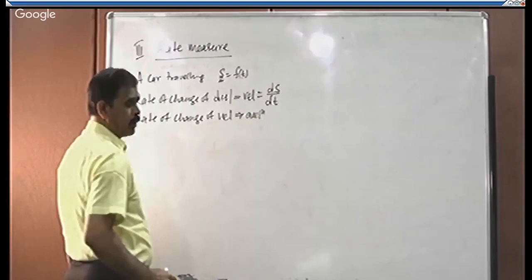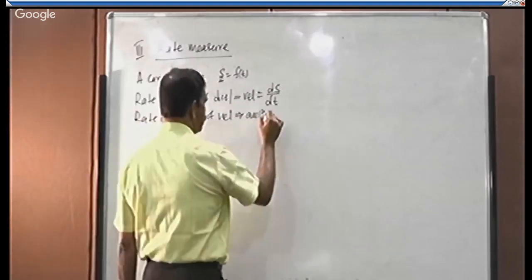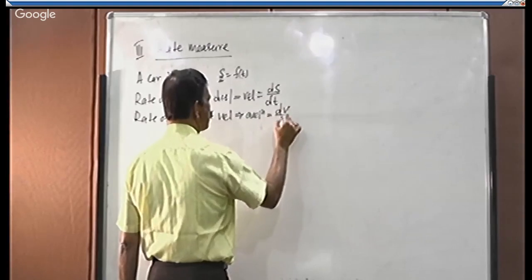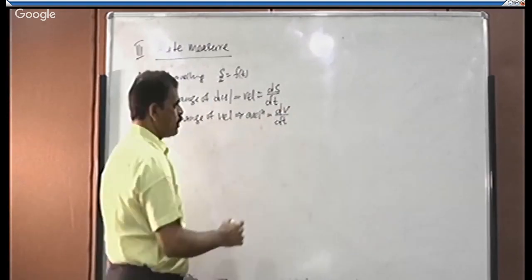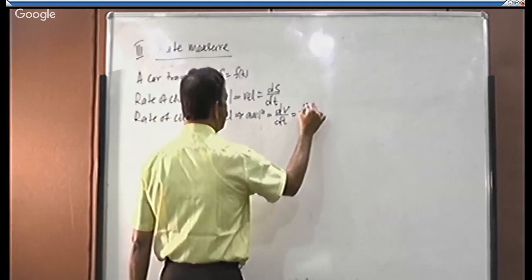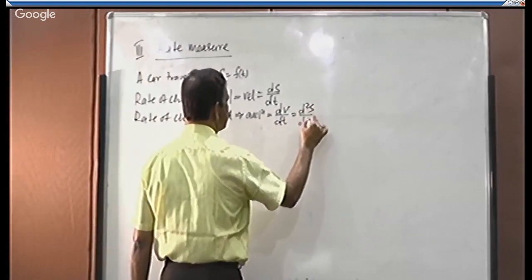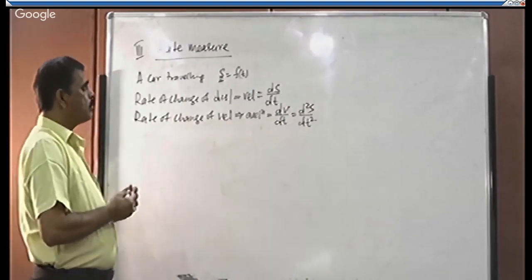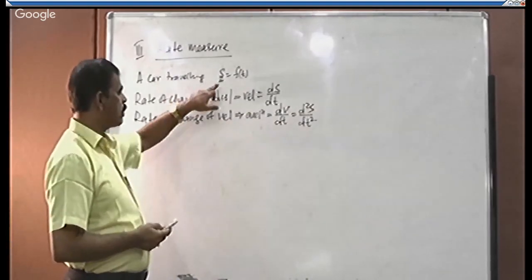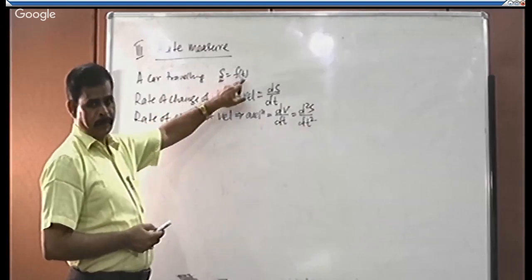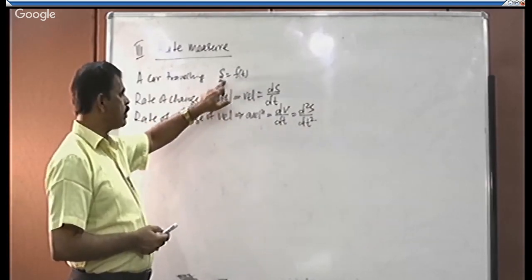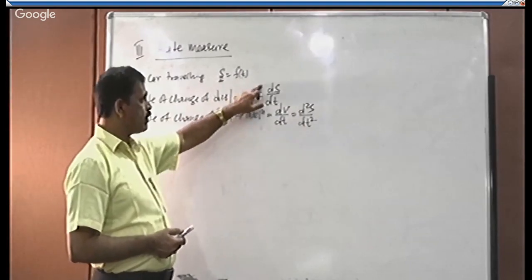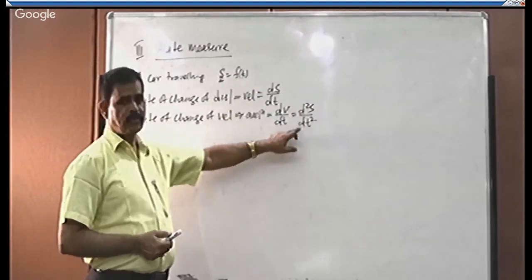Acceleration is nothing but the rate of change of velocity, dv by dt. Otherwise, we can say d square s divided by dt square. If the car is traveling according to a law S is equal to f of t, then if you differentiate it with respect to time, you will get velocity. If the velocity is differentiated again, you will get acceleration.